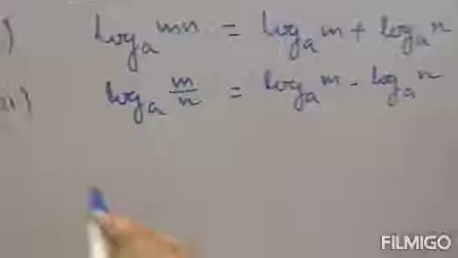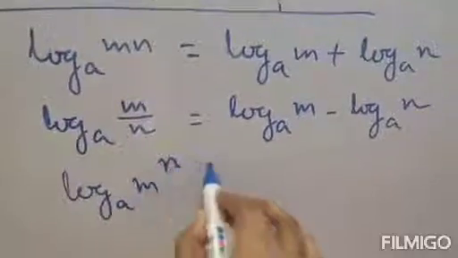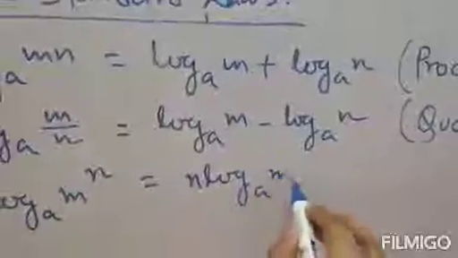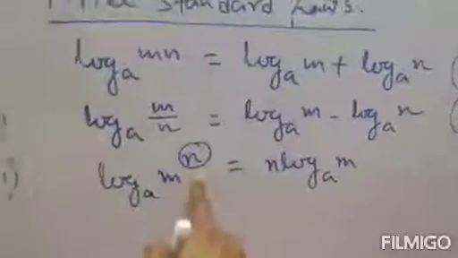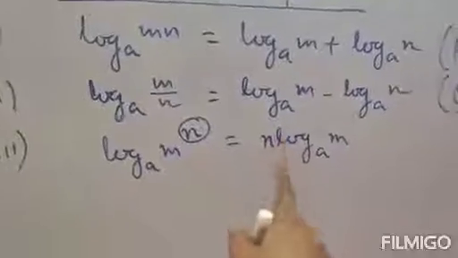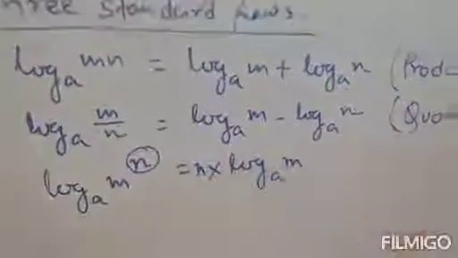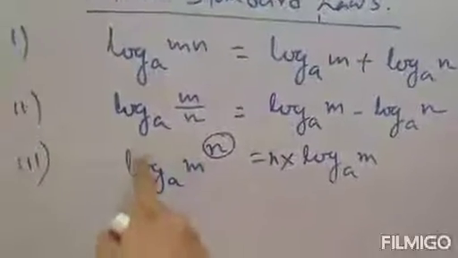Third formula: suppose it is given like this, log base a m to the power n. Its formula is n log base a m. That is, if any power is given, that power comes first and multiplies with the log term.